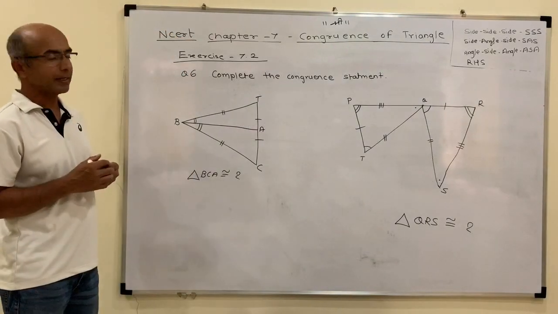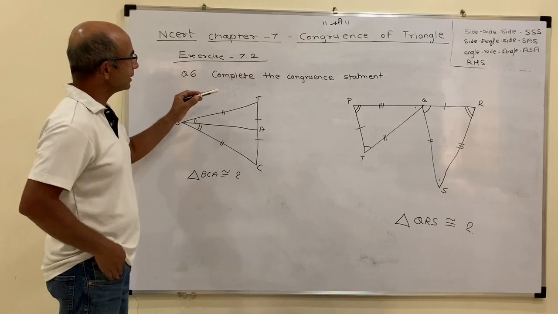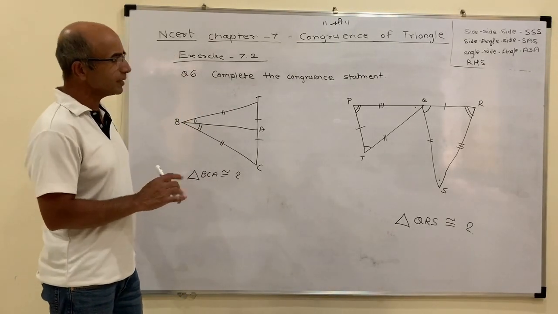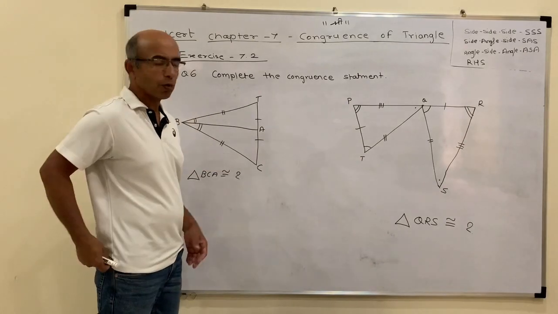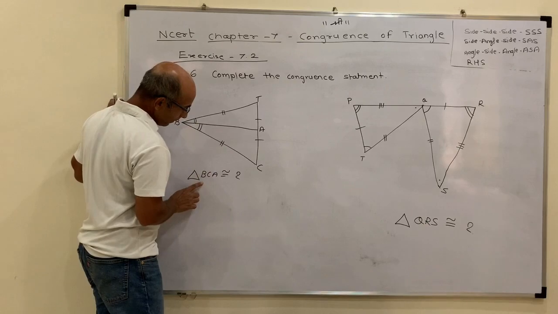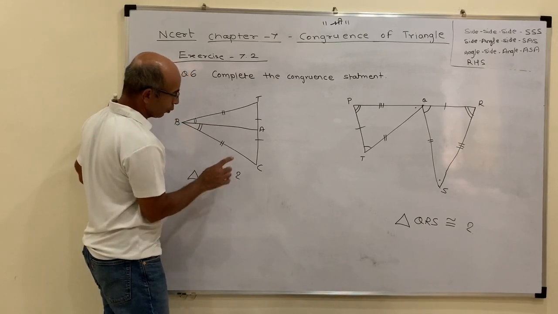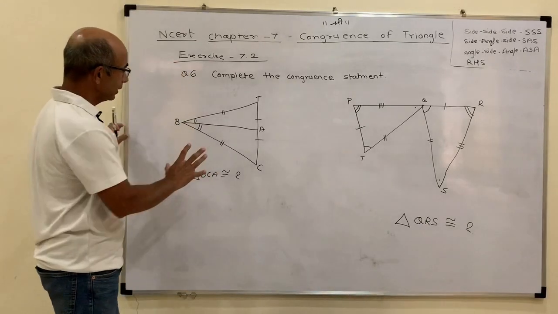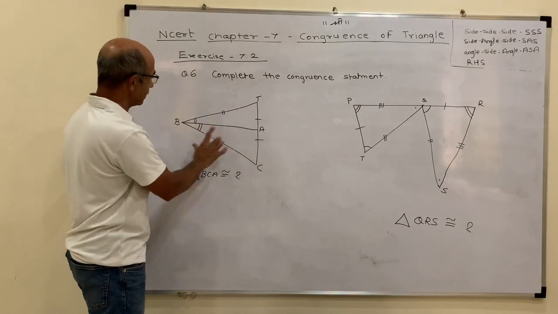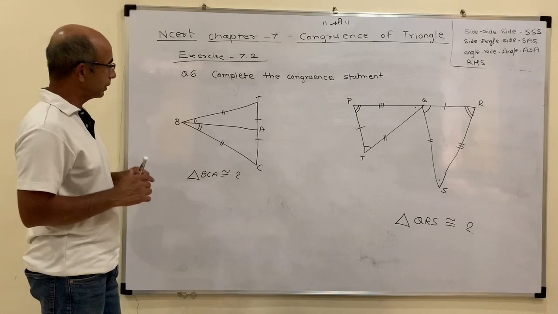Now question 6. Here we need to complete the congruent statement. Again, it's similar to the previous one which we solved. Now this is the diagram given. Triangle BCA is congruent to, we need to find. These two congruences are already given. We know the sides, we have the angle. So there is no issue about it.